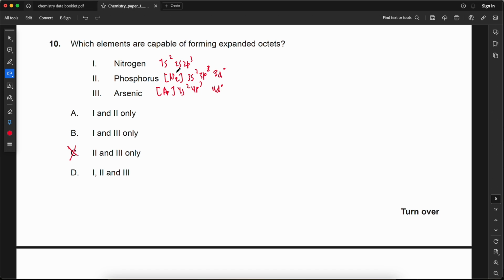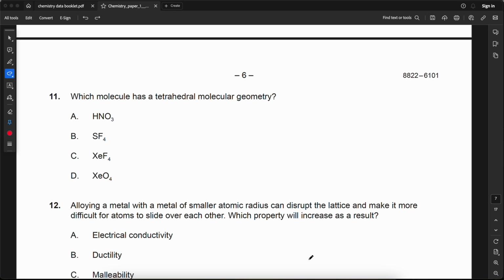So the possibility is only for phosphorus and arsenic, which have empty d orbitals, so more atoms can be bonded to phosphorus and arsenic, as they can accept more electrons compared to nitrogen.